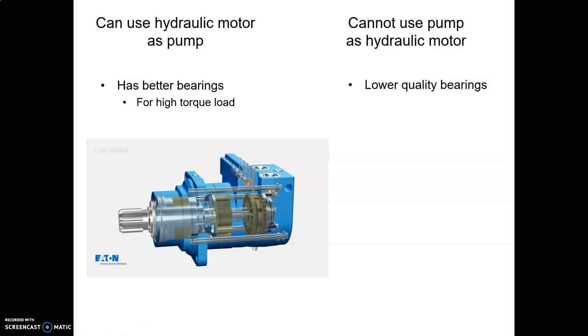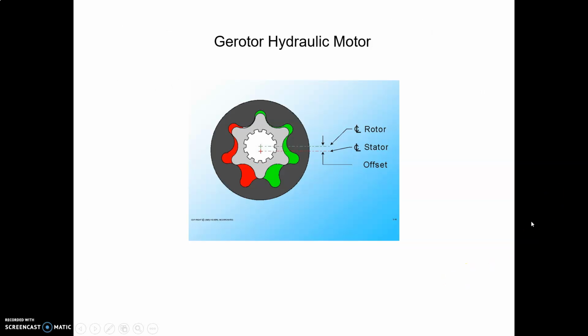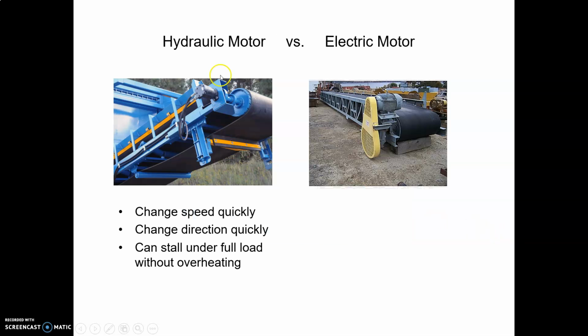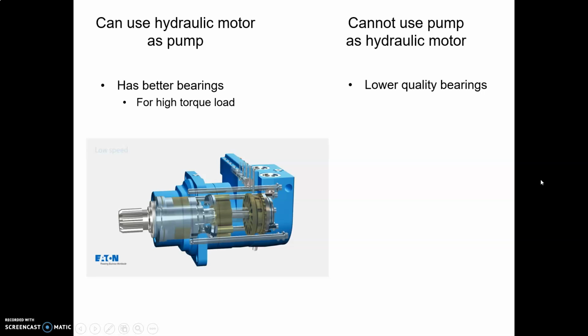But a difference is bearings. So hydraulic motors have to drive loads. Let's look back at our conveyor. So there's a high torque here, the force acting on that pulley. So that's rather demanding, and so hydraulic motors need good quality bearings.